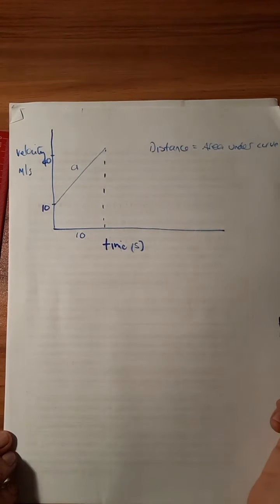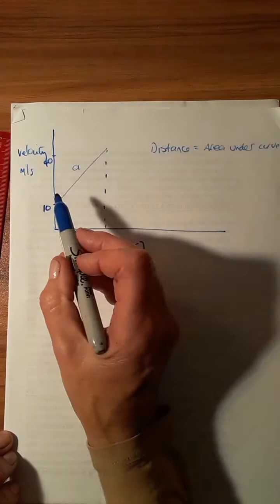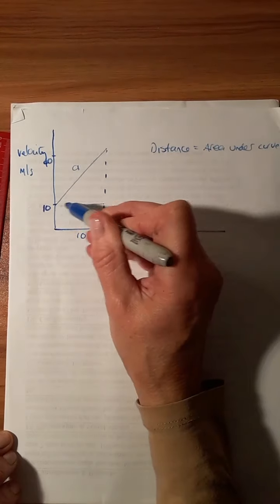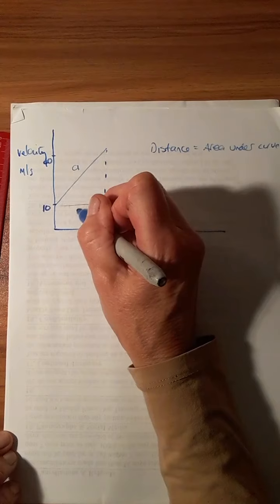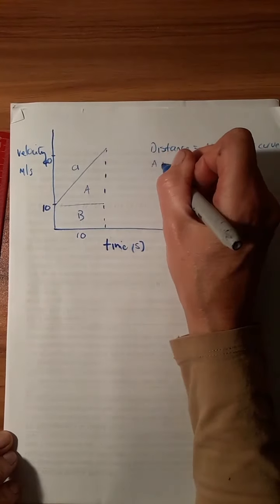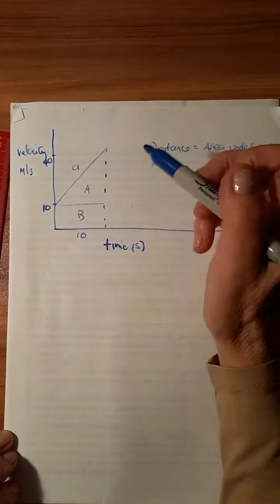And you can see it's made up of, trying to divide it into two manageable shapes for yourself. So if I was to draw a line like this, I now have a triangle and a rectangle. So if I call the triangle A and the rectangle B, the distance would be A plus B. And all I'm doing then is finding the area of each shape.